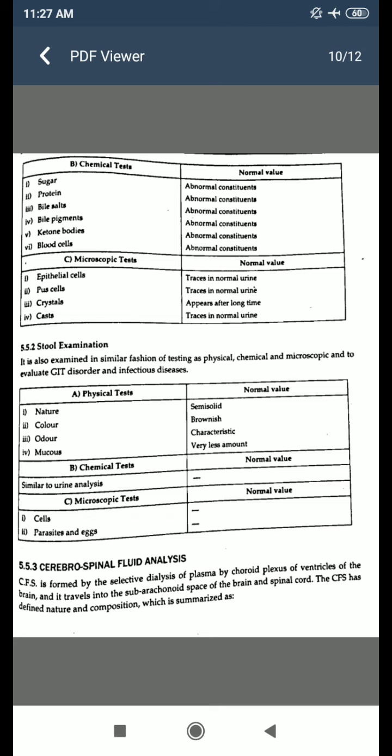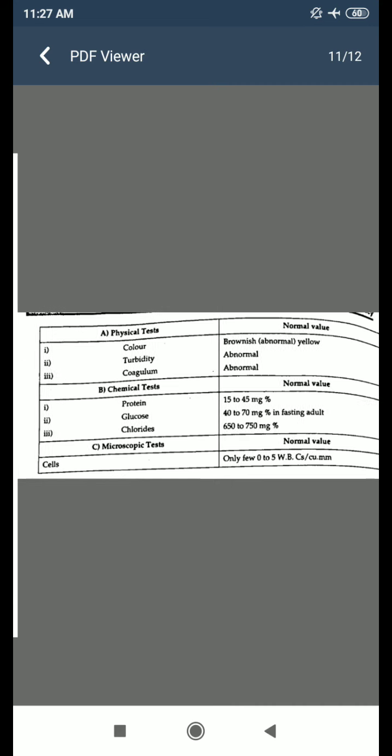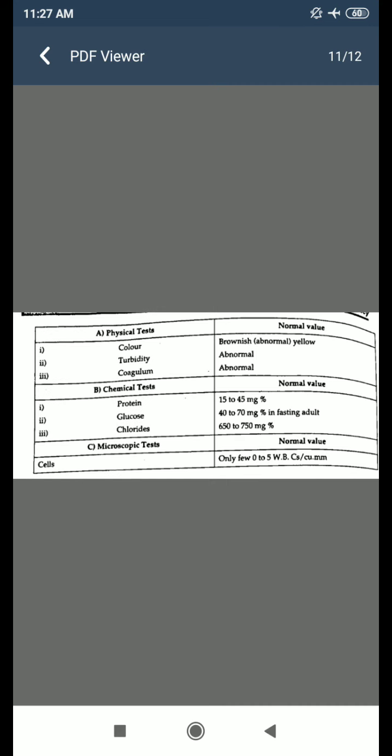The CSF has defined nature and composition, which is summarized as: first physical test, second chemical test and microscopic test. First, physical test, color brownish yellow, abnormal. Then turbidity abnormal, coagulum abnormal.